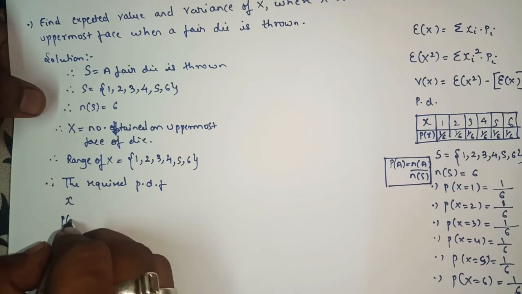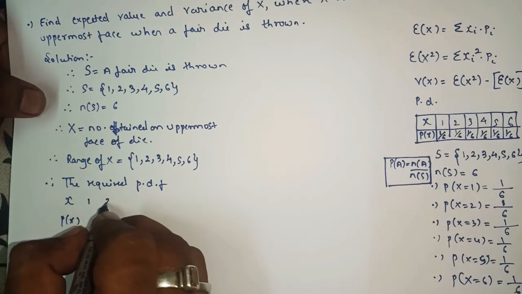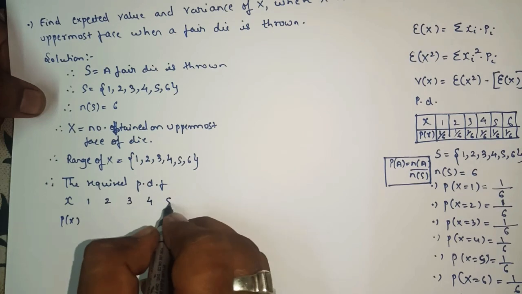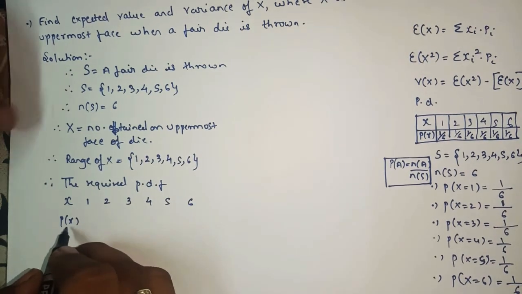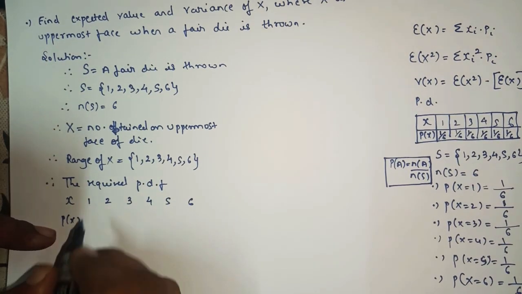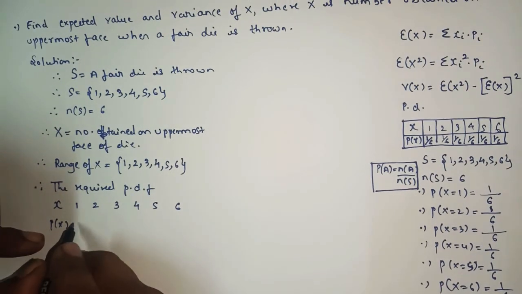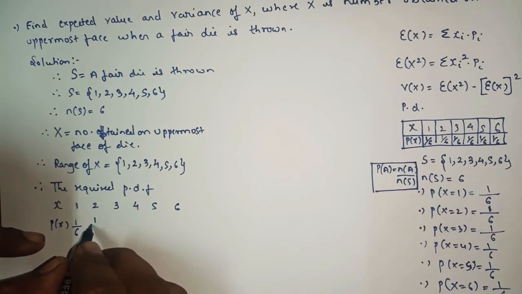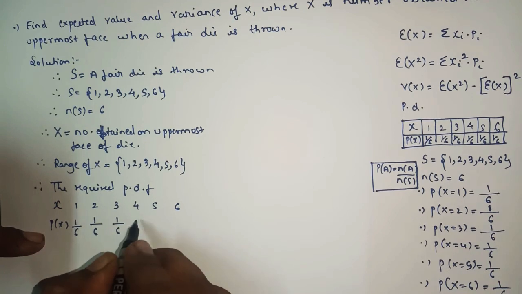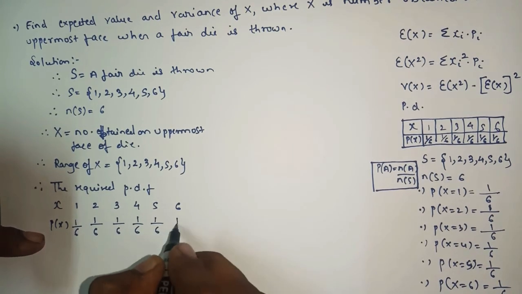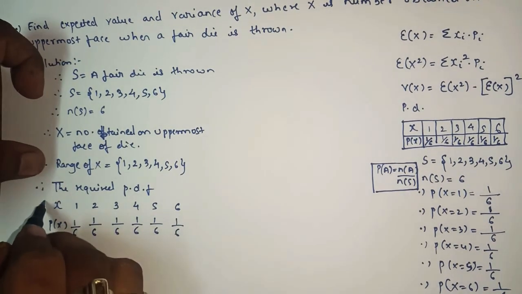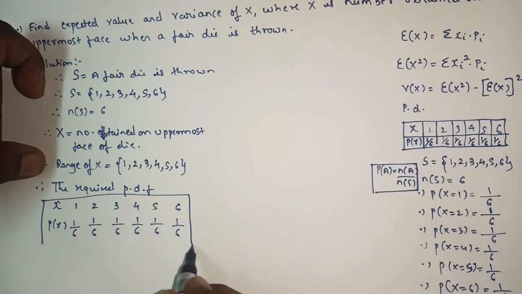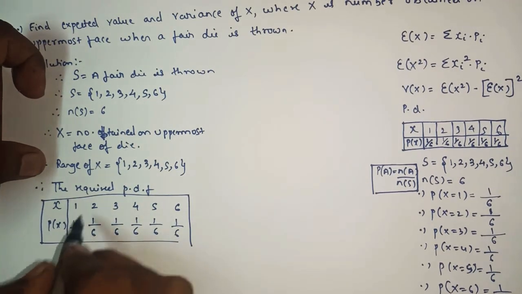X and P(x). X range is 1, 2, 3, 4, 5, and 6. So your probability of getting 1 on a die will be 1 by 6, this will be 1 by 6, for this also it is 1 by 6, 1 by 6, 1 by 6, and 1 by 6. Understood? Got the point?